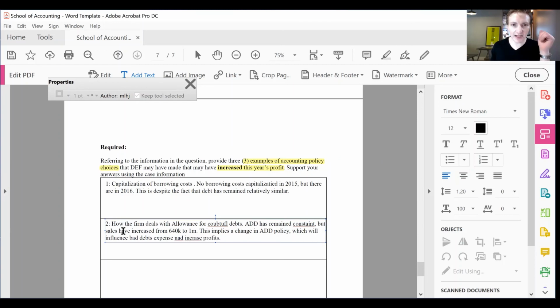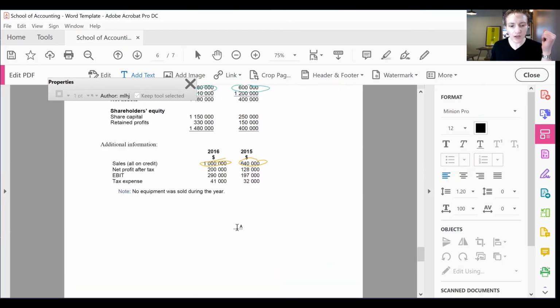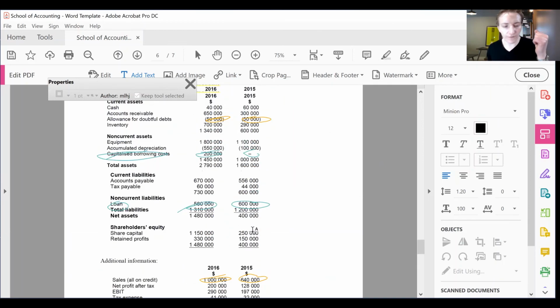So basically what we're saying here is bad debts expense has gone down, which will inflate profits. So let's hunt for another thing that could have happened here.